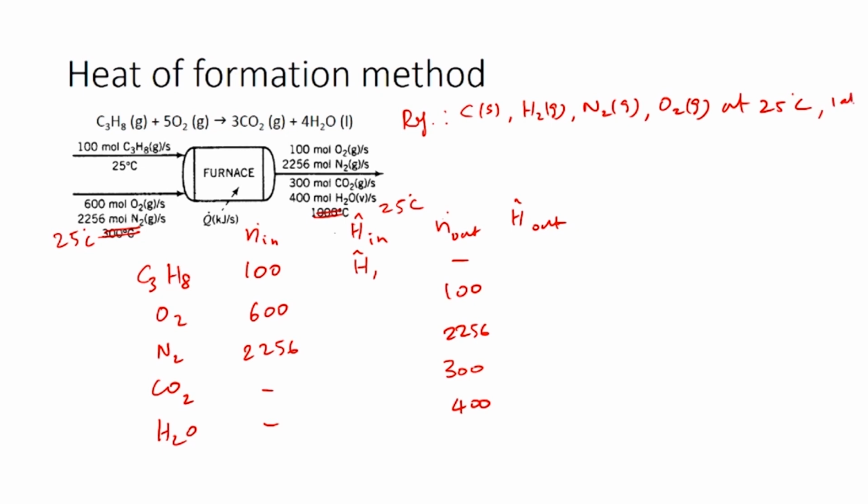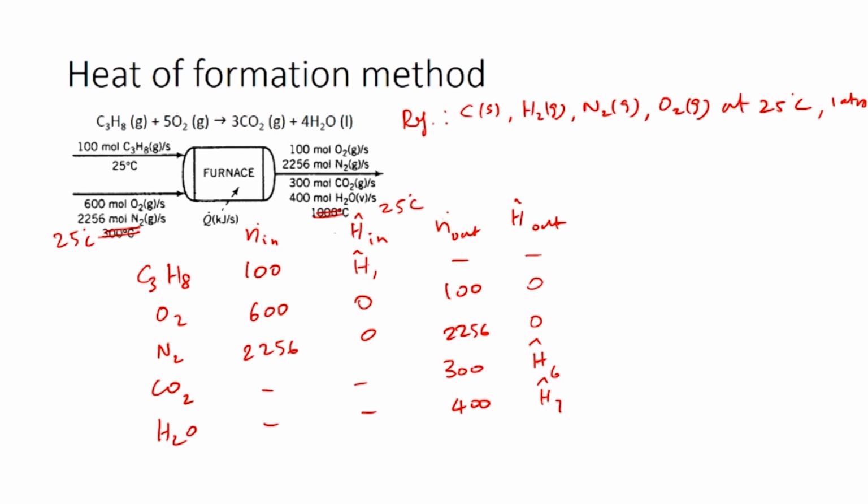all at 25 degrees Celsius and 1 atmosphere. So, you do not have any enthalpy here, because based on our assumption we are only having enthalpy at a temperature of 25 degrees Celsius here. So, these two values would be the same as the reference state. So, you have 0 for this, and similarly our outlet condition is also 25 degrees Celsius. So, again oxygen and nitrogen would be 0. We have carbon dioxide and water forming. So, let us just call these H6 cap and H7 cap to be consistent with what we did last time.